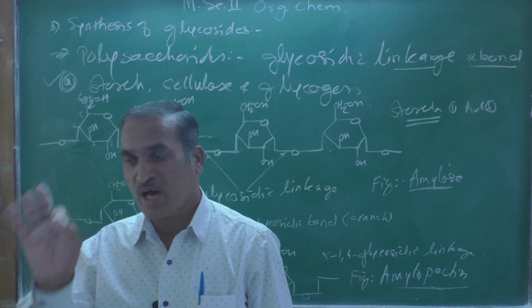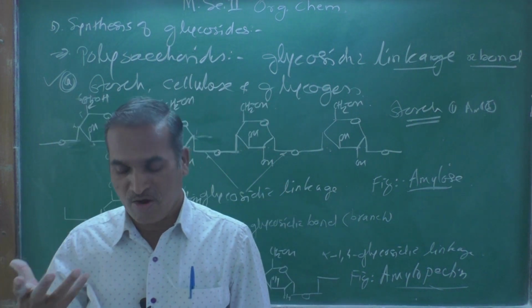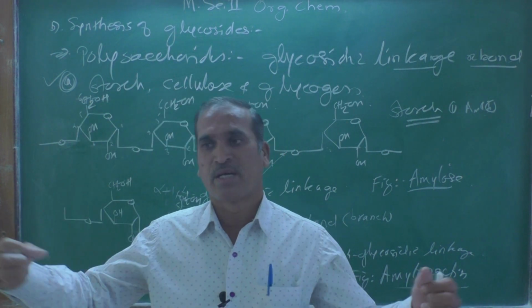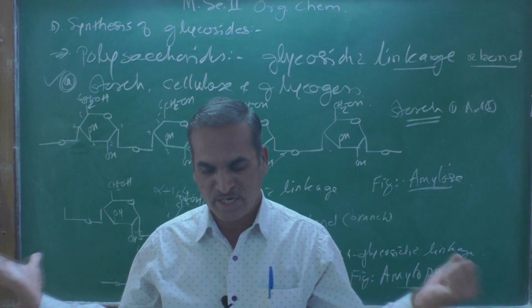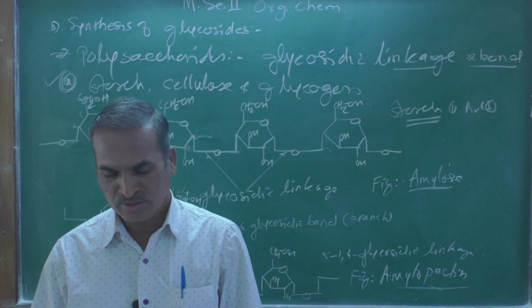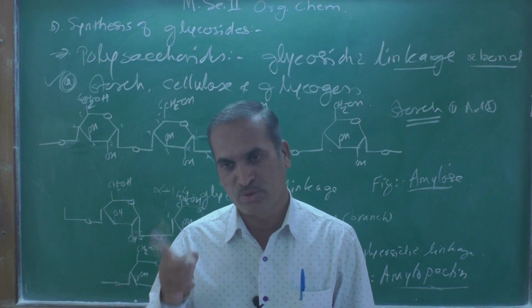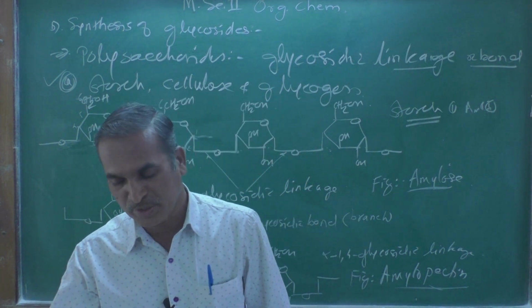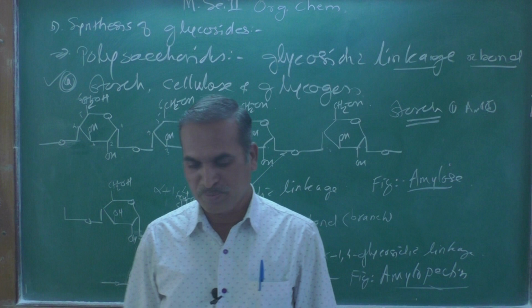Starch is a polymer, which means a number of monosaccharide units are connected together with glycosidic linkages, and that's why starch is called a polymer of alpha D glucose. Starch has two components, namely amylose 15 to 20% and amylopectin 80 to 85%.